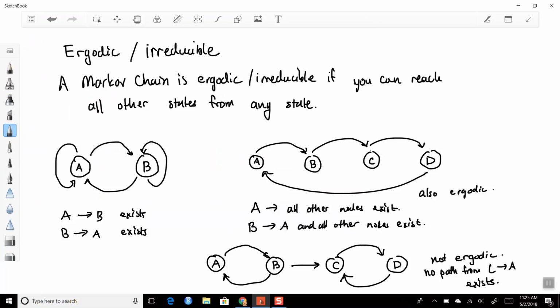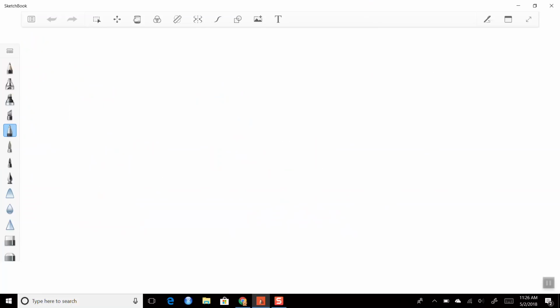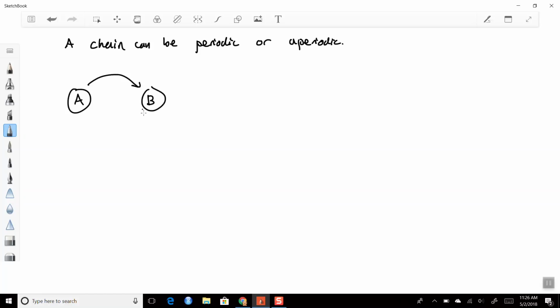All right, and then there's another thing: a chain can be periodic or aperiodic. So here, this would be a periodic chain, okay?